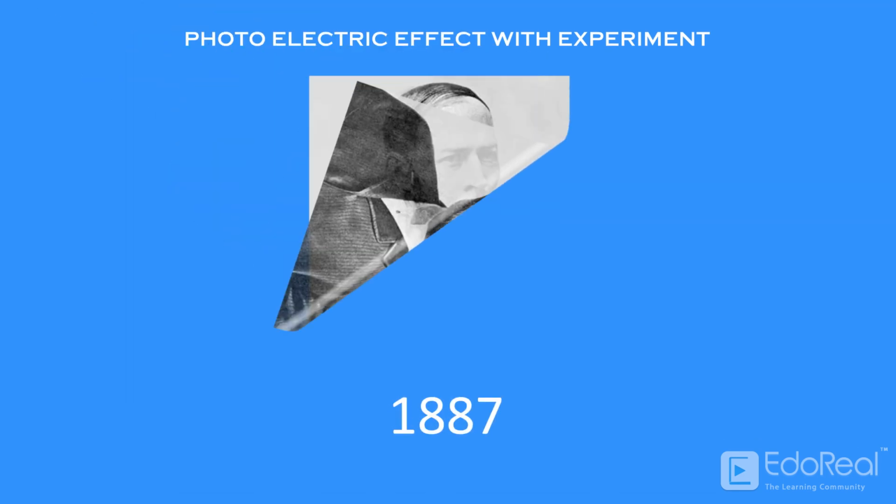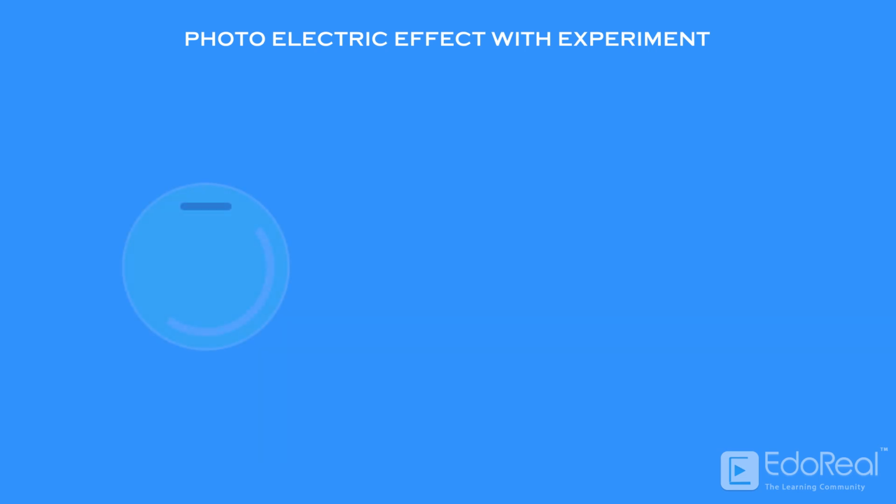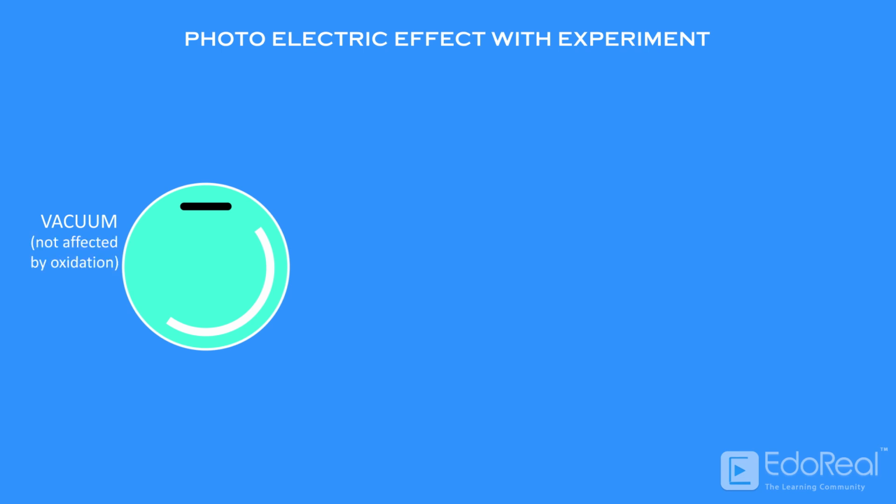The photoelectric effect was first observed in 1887 by Heinrich Hertz. It was Philipp Lenard, an assistant of Heinrich Hertz, who performed the earliest definitive studies of the photoelectric effect. Consider two metal surfaces that were first cleaned and then held under a vacuum, so that they are not affected by any surface contaminants or oxidation.